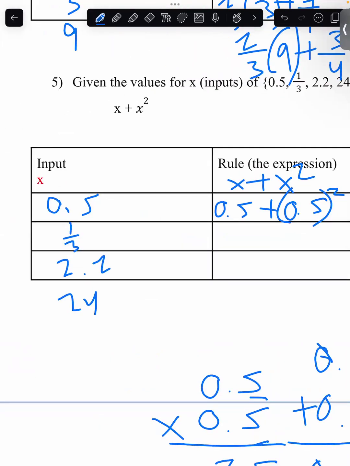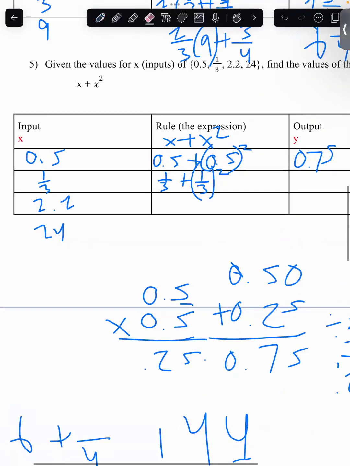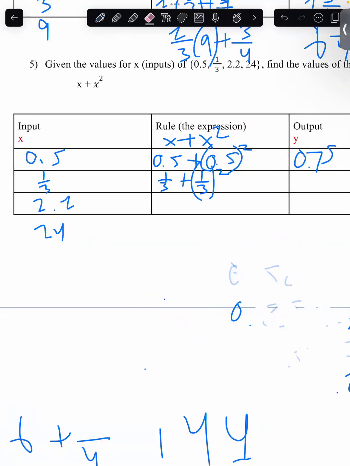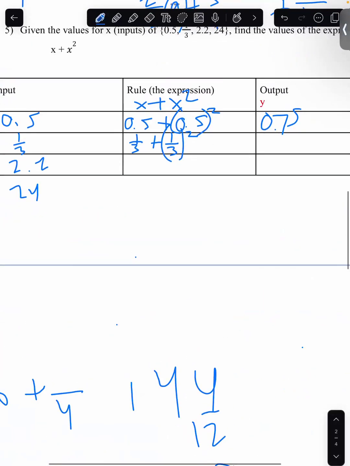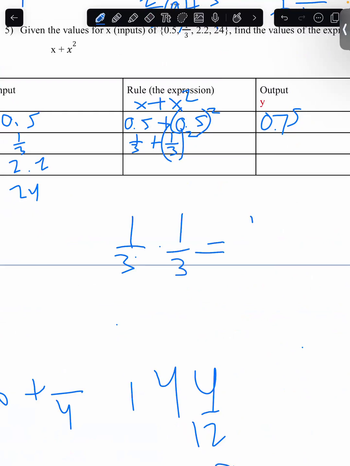Next one, we got 1/3 plus 1/3 squared. Then you're going to realize quickly what I did here. Much to your annoyance, that's going to give you a not common denominator. So we got 1/3 times 1/3. That's what 1/3 squared means. That's 1/9. So now we got 1/9 plus 1/3.